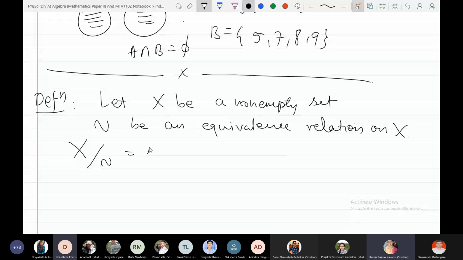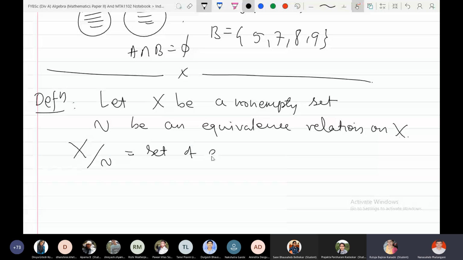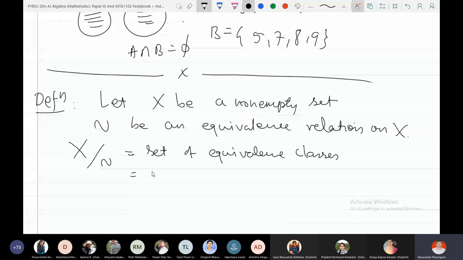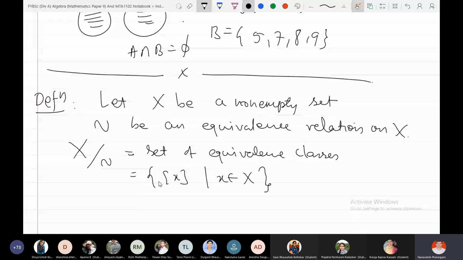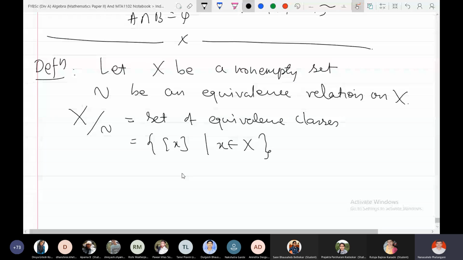It is the set of equivalence classes, right? So what is this? Basically, you choose an element from X and look at its class, and put the class here, like we did in the case of integers. So 1 bar, 0 bar, and so on.